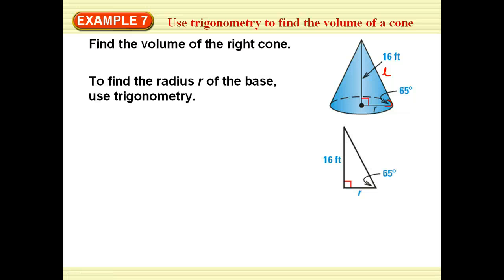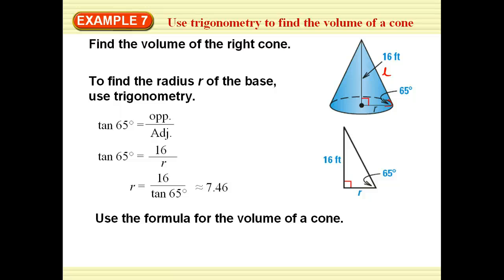And so I'm going to use trig to do this. I set up my little right triangle. What I have is the opposite. For the radius, I'm looking for the adjacent. So I'll use the tangent of 65 degrees is equal to opposite over adjacent, and I will end up solving that for r. Get about 7.46. So that gives me my radius.